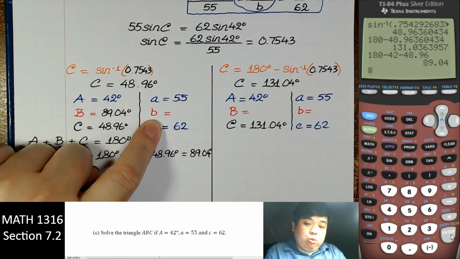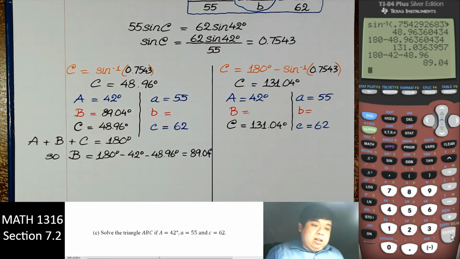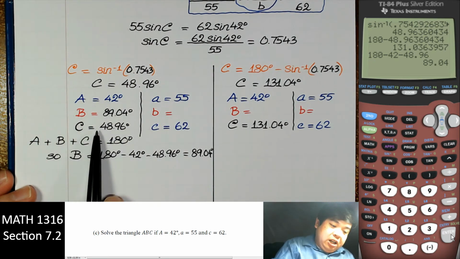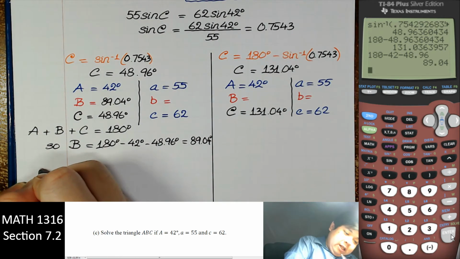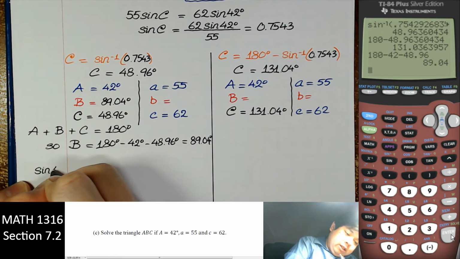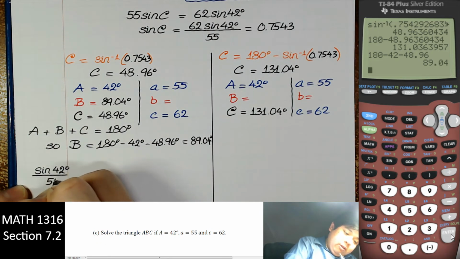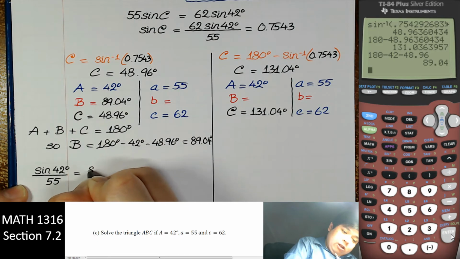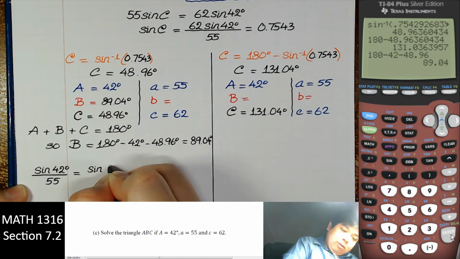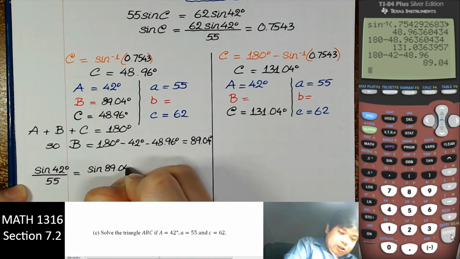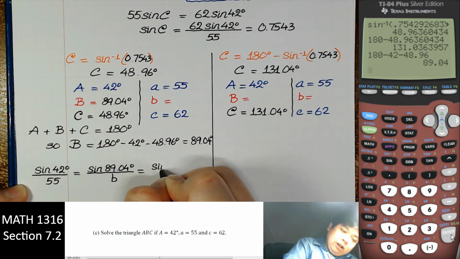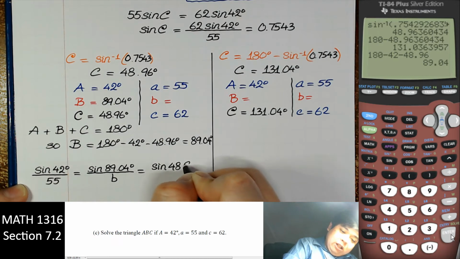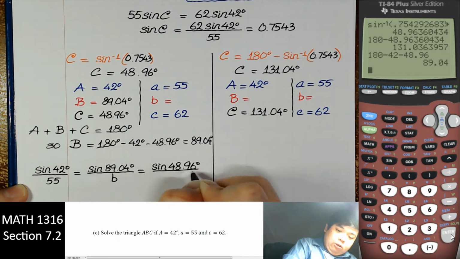Now we just need to find little b. Right. I still use the law of sines here because we have opposite side and angle. So sine of 42 degrees over 55 equals sine of 89.04 over little b, and sine 48.96 over 62.